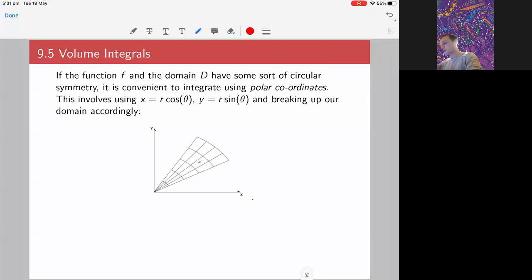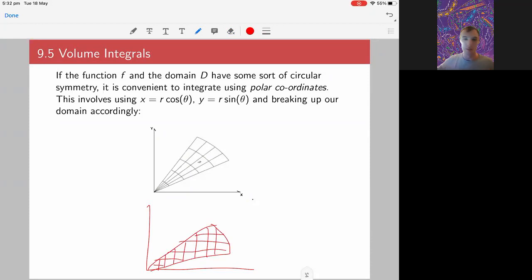Now, in principle, you should be able to get the answer just by breaking up into rectangular pieces like before and finding individual volume contributions that way. But in general, if you've got rotational symmetry, you really should be using it.